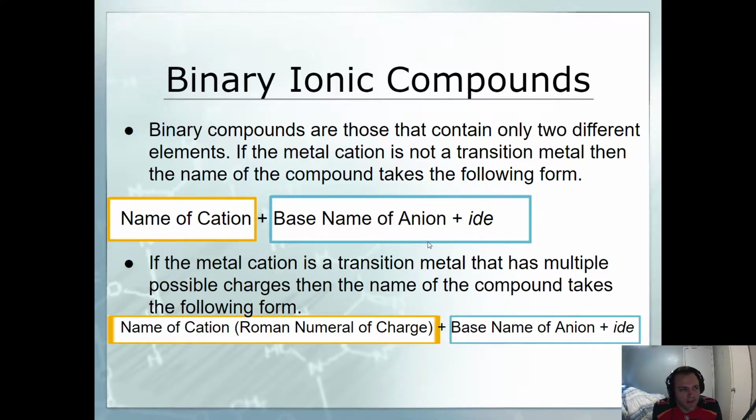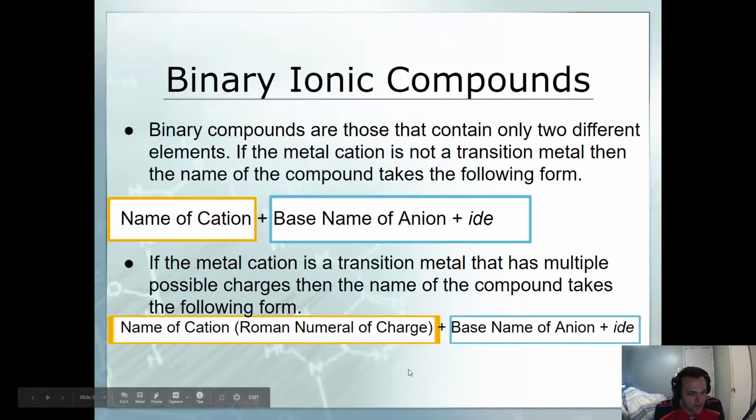So when we're talking about binary ionic compounds, the first thing you want to figure out is whether or not your metal is a metal that has more than one possible charge. If your metal is one of the first two columns, either alkali metals or alkaline earth metals, or if it's one of the ones over on the right side of the periodic table past the transition metals, in the row like aluminum or gallium or tin in carbon's row, where you can tell its charge based off of that, then you don't have to worry about putting the charge in the name of the formula.